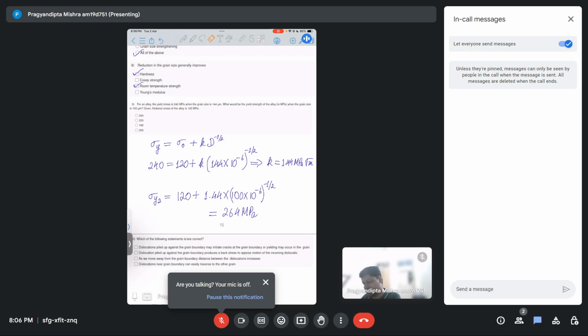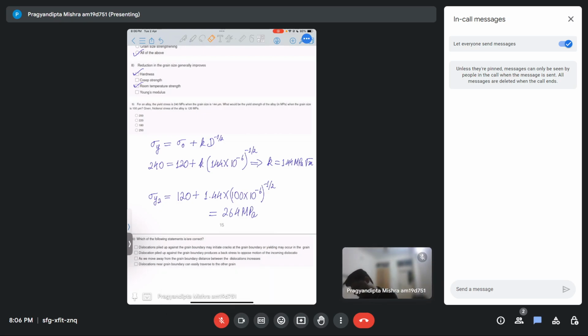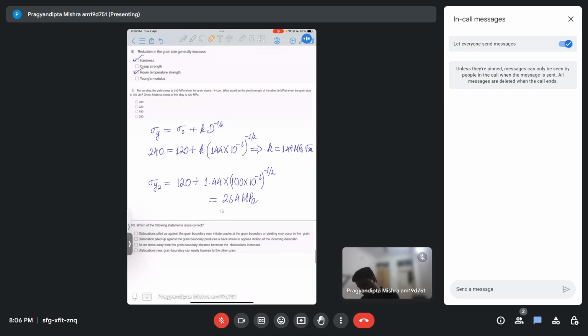Yeah, I think the options are incorrect. It is supposed to be 264 only, so I think my calculations are not wrong. So 264 MPa is the final answer. The options are incorrect. So yeah, this is the final answer.